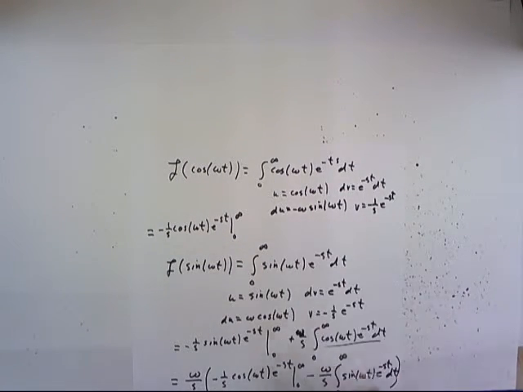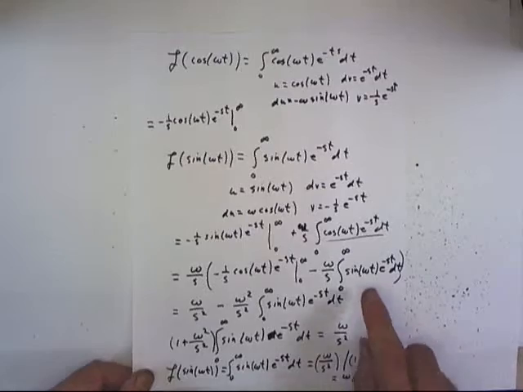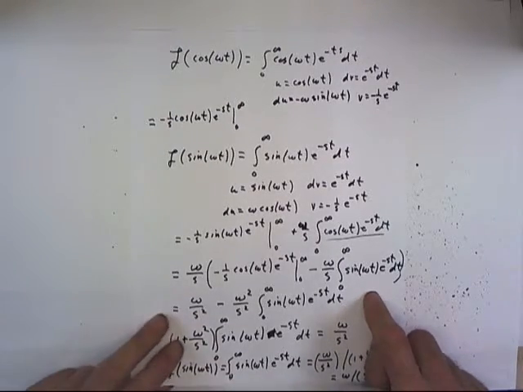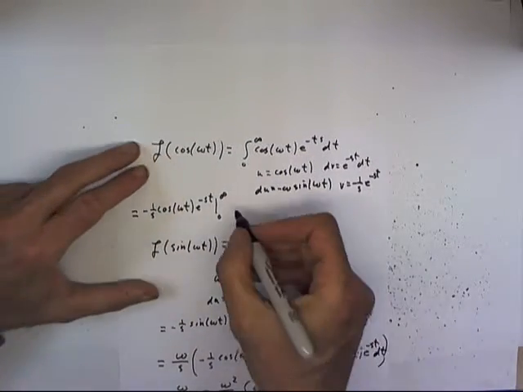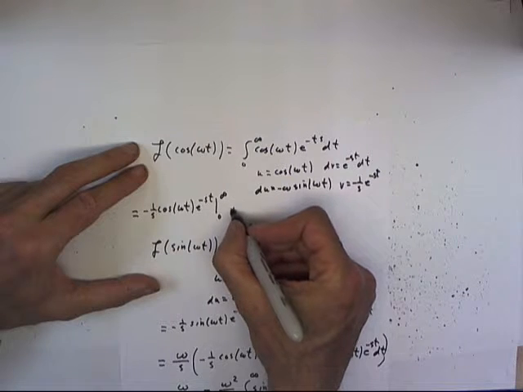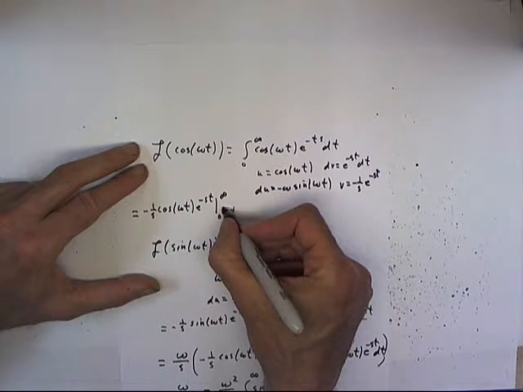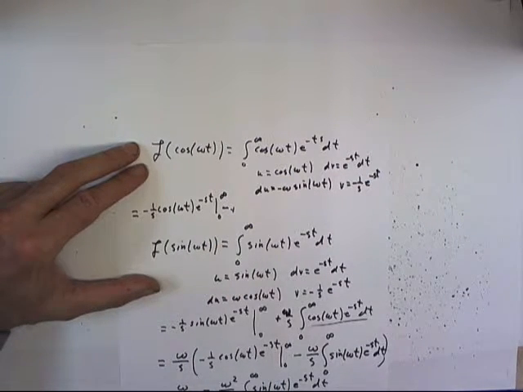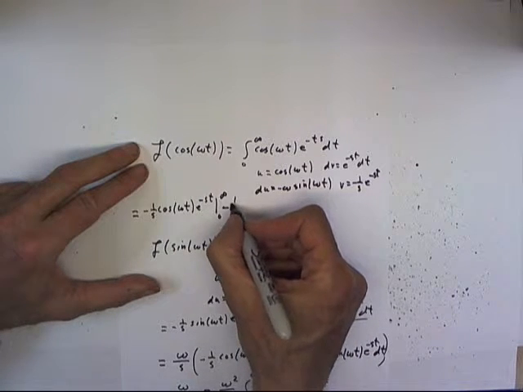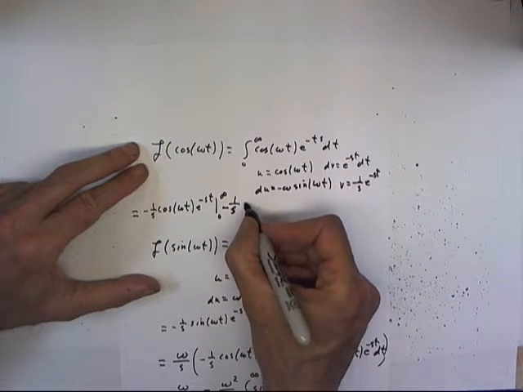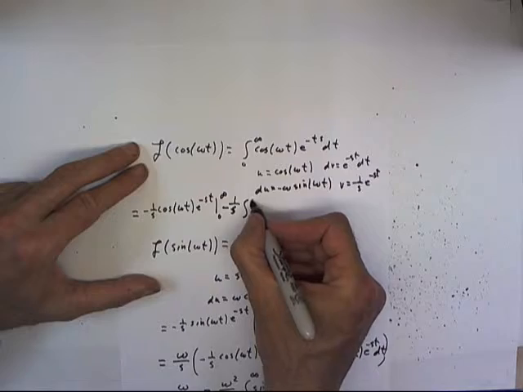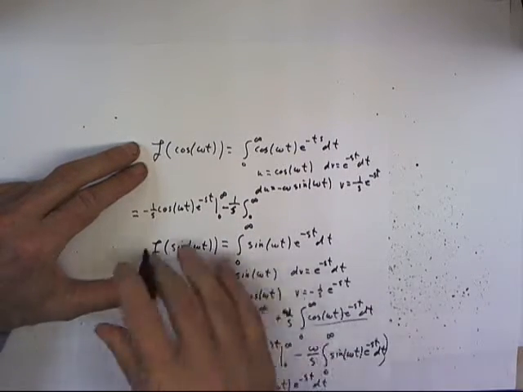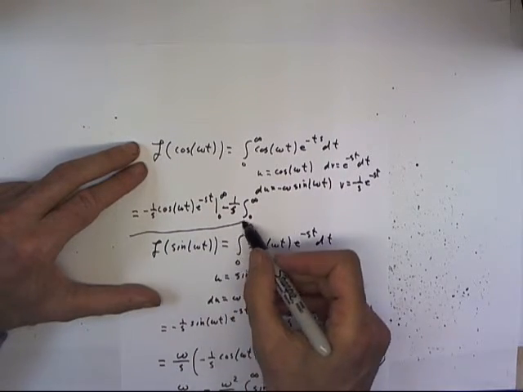Both of these are negative, and we kind of implicitly did that down here as a matter of fact. But this is then going to become minus 1 over s times the integral from 0 to infinity, and I didn't anticipate space very well here.